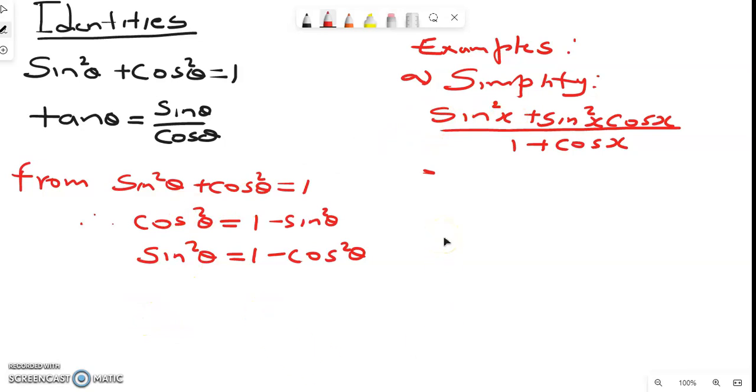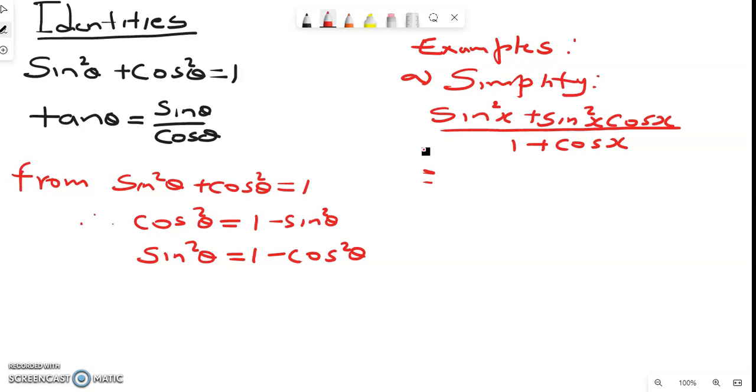It is sine square x plus sine square x cos x, so we have two terms on the numerator, separated by a plus sign.